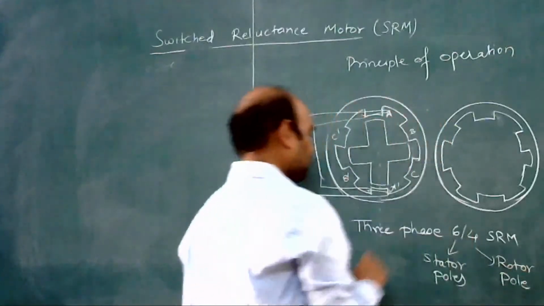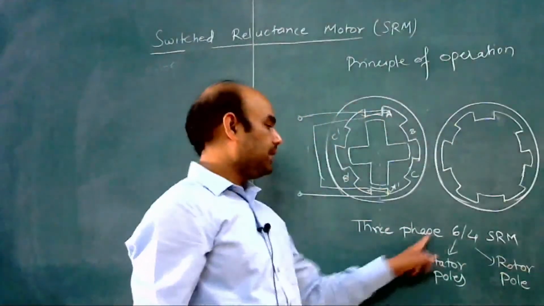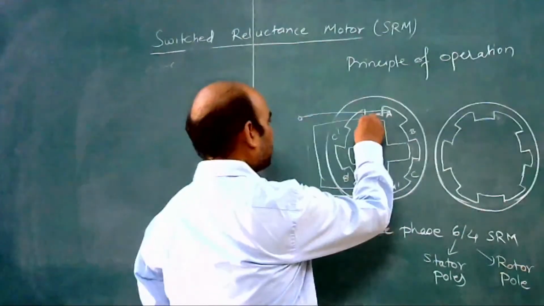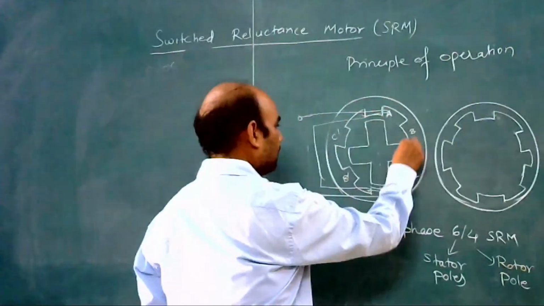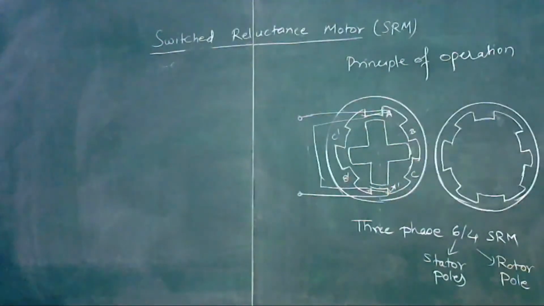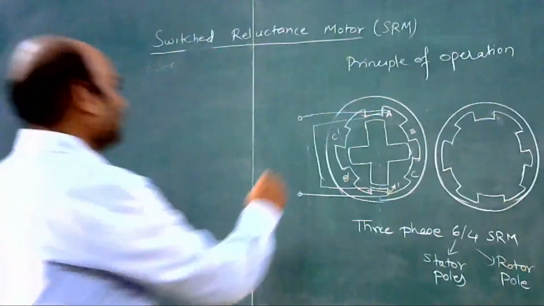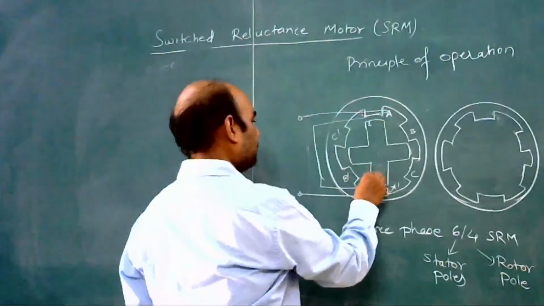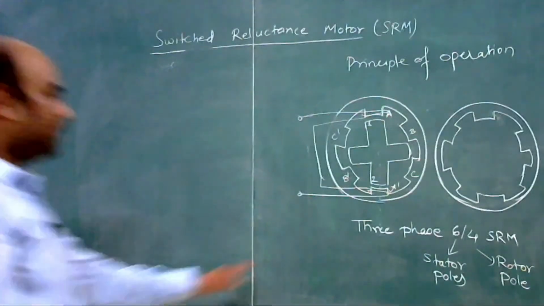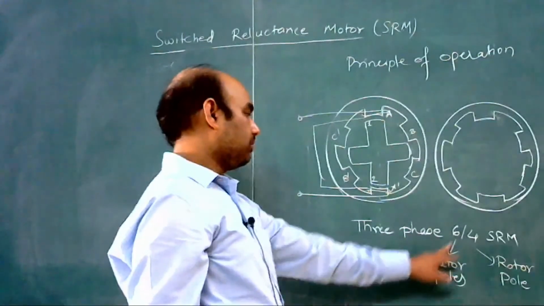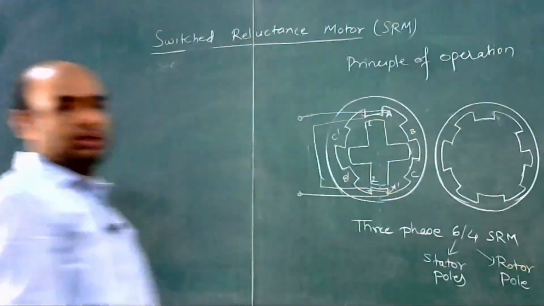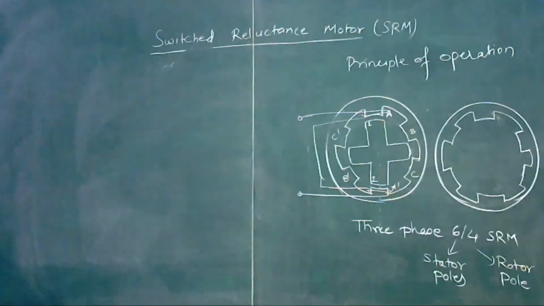The rotor has 4 poles like this: 1, 2, 3, 4. So this is a three-phase, six stator pole, four rotor pole switch reluctance motor.